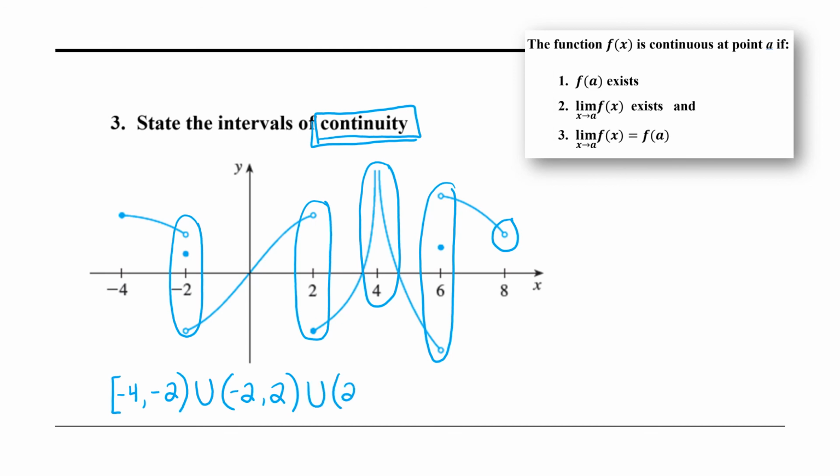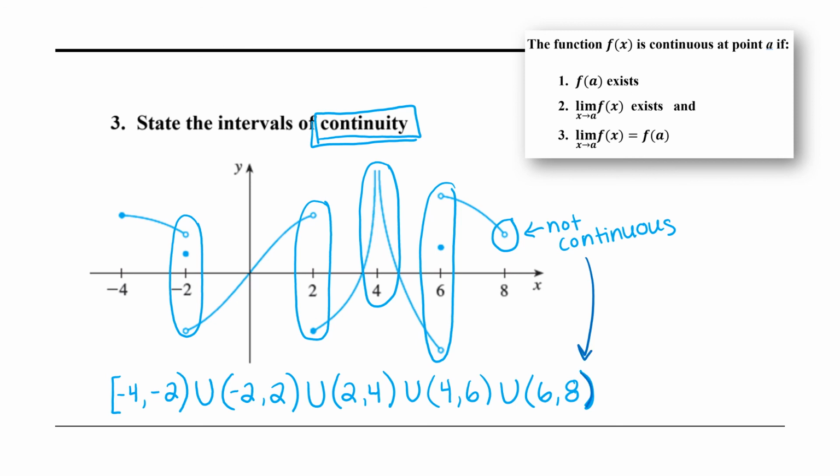And then I'm continuous from 2 to 4, where I hit my next discontinuity. And then again from 4 to 6, and then from 6, forgot my union symbol, from 6 to 8. This time I have this open parenthesis at 8 because I'm not actually continuous there. I'm discontinuous. But again, I have my bracket at -4 because I am continuous here.